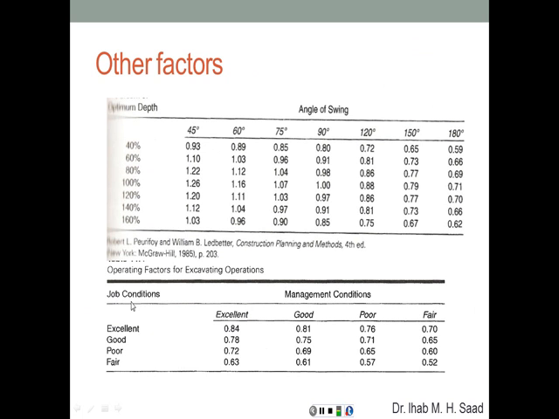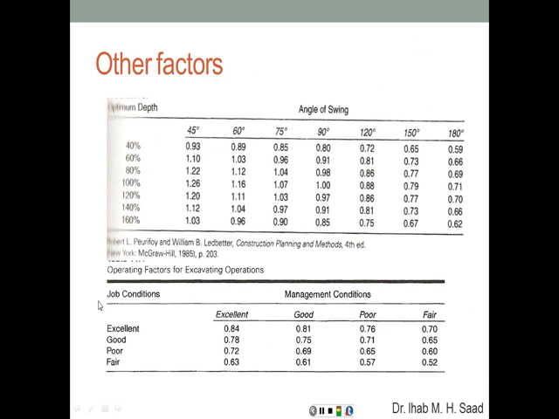We have both job conditions and management conditions. Management conditions are basically things like having a good operator, a good observer, a good superintendent, good monitoring of the operation, and having the trucks lined up very close to where the soil is going to be dumped, so that the shovel doesn't have to move much.